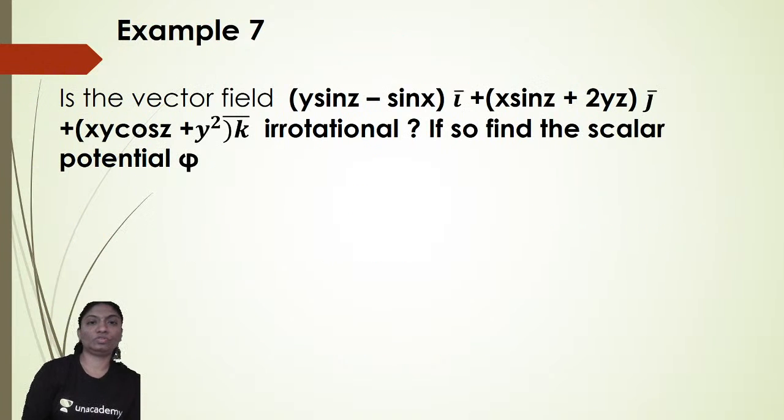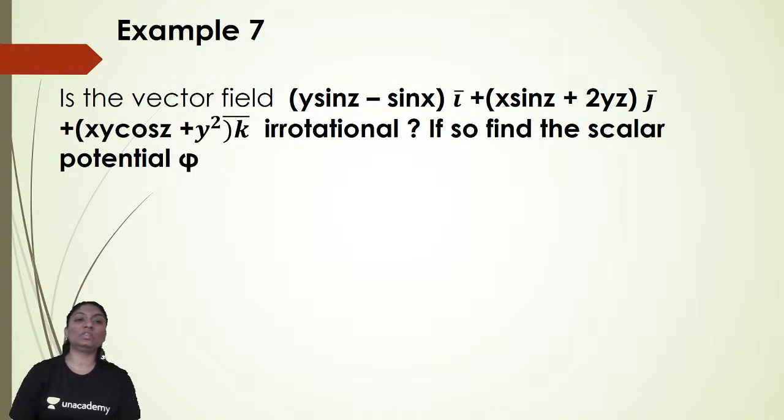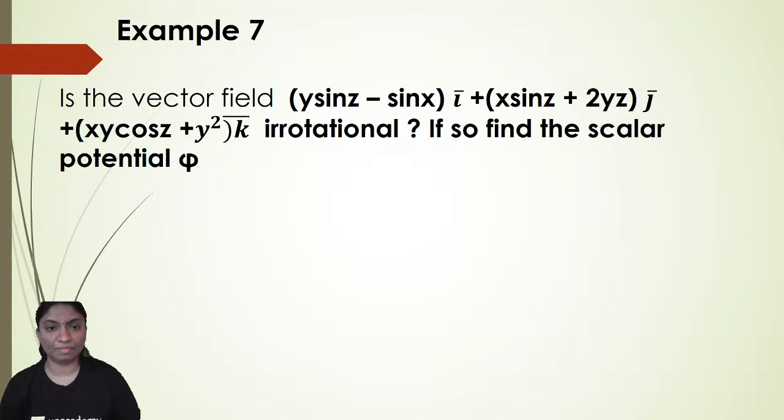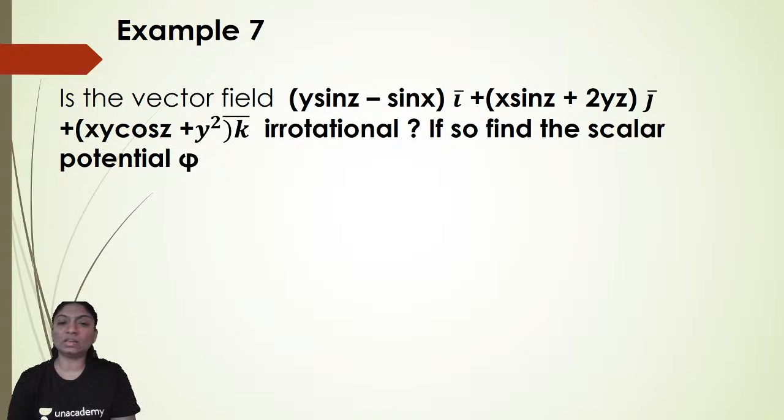So the first example: is the vector field (y sin z minus sin x) i bar plus (x sin z plus 2yz) j bar plus (xy cos z plus y square) k bar irrotational?